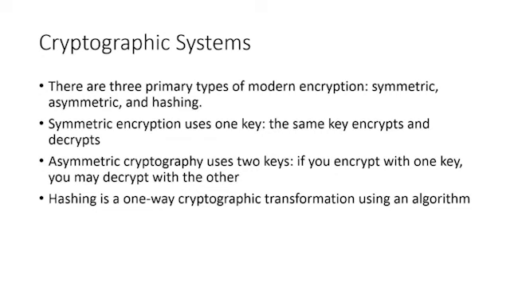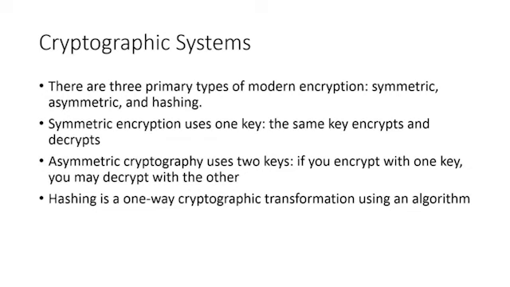Asymmetric cryptography, asymmetric, uses 2 keys. So we encrypt with one key, and we have to have the other key, because it has a relationship with it, to decrypt that data. And then hashing is a one-way cryptographic transformation using whatever algorithm.